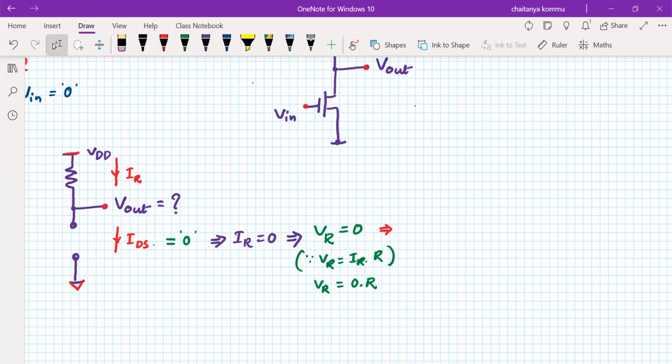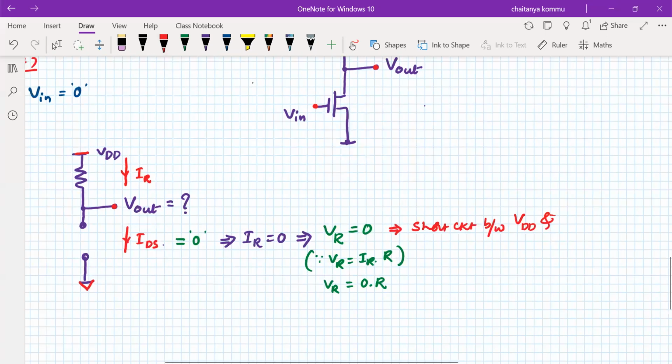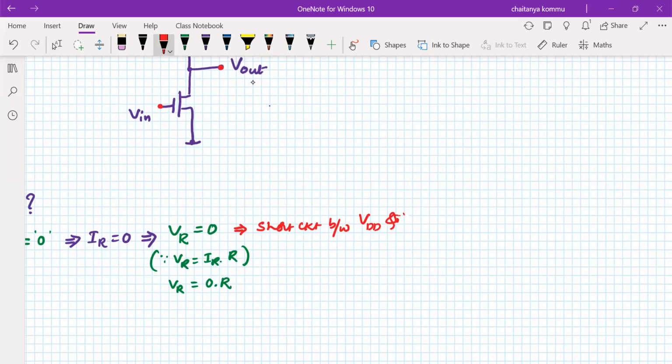The voltage drop across the resistor being 0 means it is a short circuit. There is a short circuit between VDD and Vout, right?